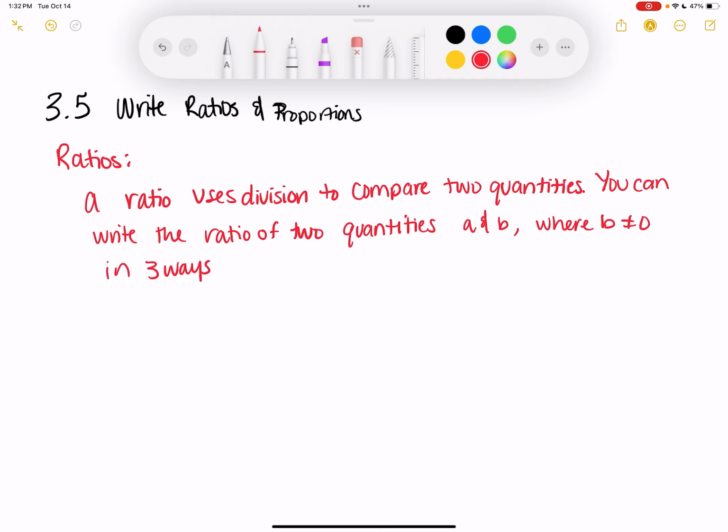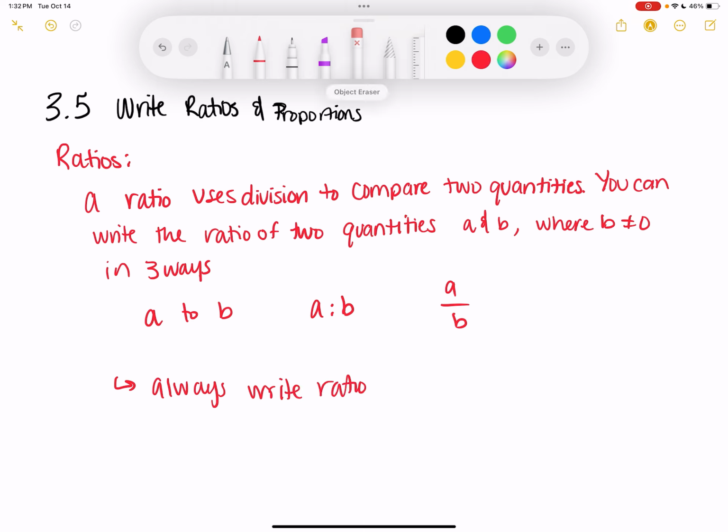You can write A to B, A colon B, or A over B. So that's three different ways we can write it, but basically it's always the ratio of A to B. Always write ratios in simplest form.